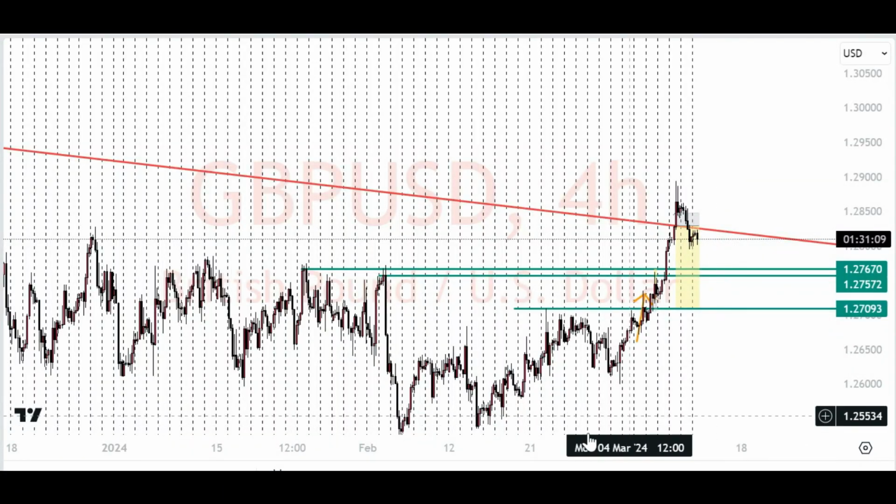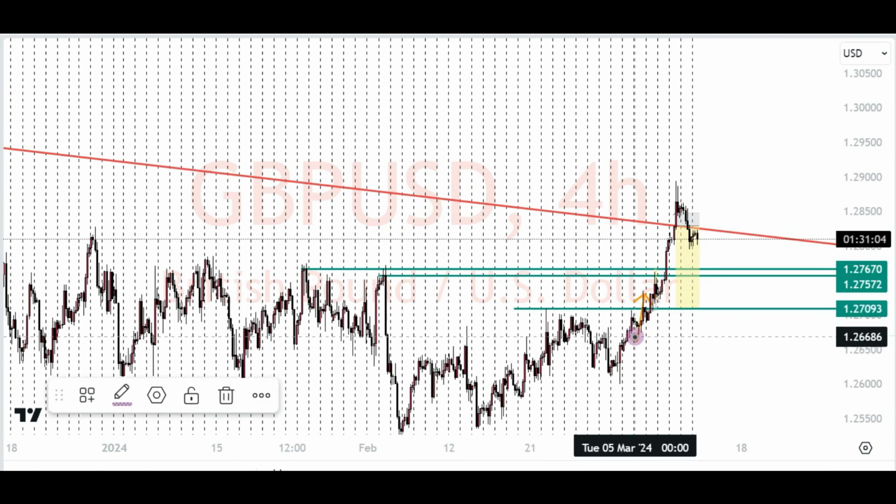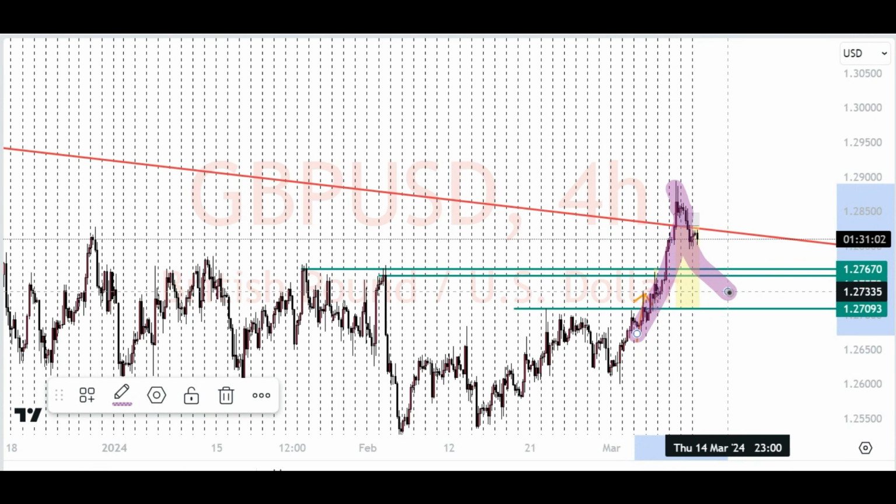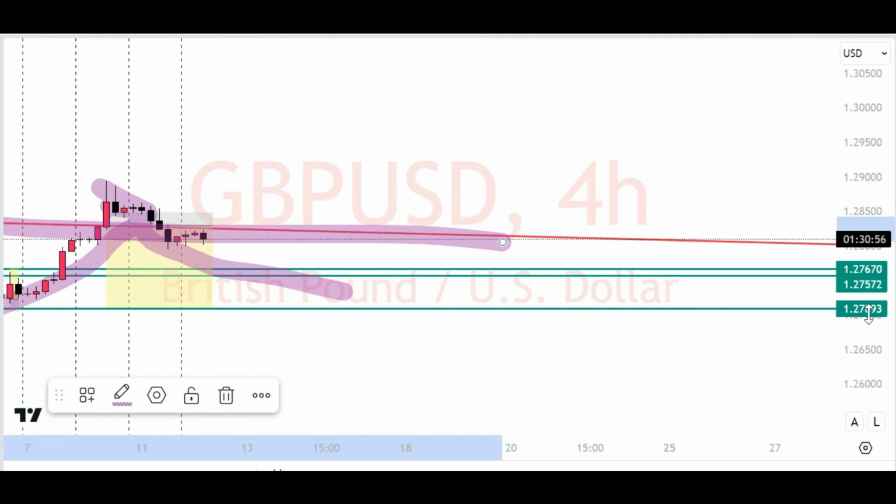This is a typical example of that. Market came back up, created a fake out, came back into the channel, and now it's playing inside the channel.